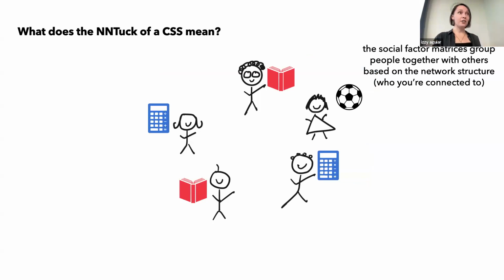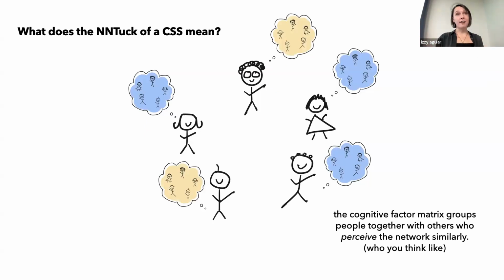The social factor matrix will group together people based on others in the network structure. This is the latent social space that's usually uncovered with stochastic block models. But the cognitive factor matrix groups together people with others who perceive the network similarly.